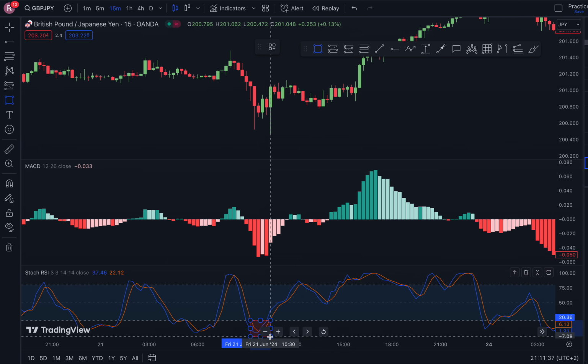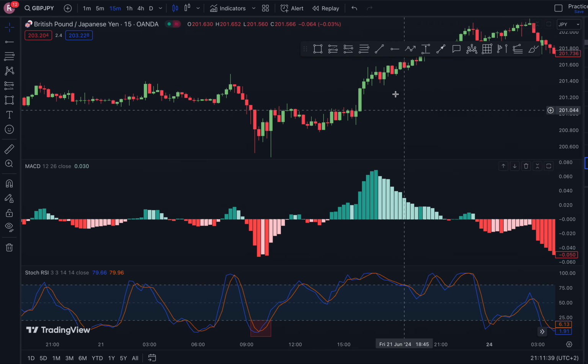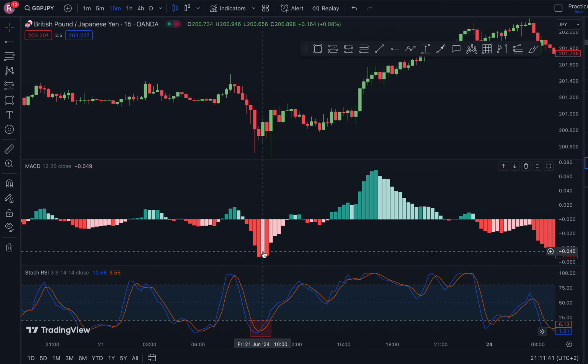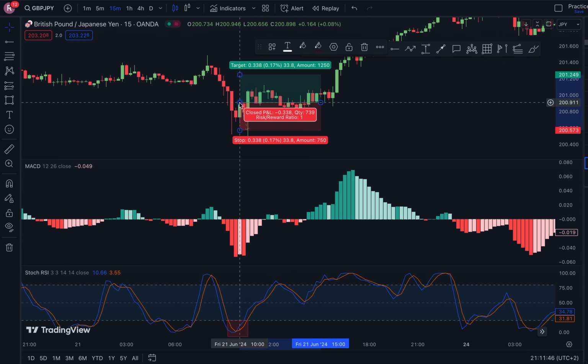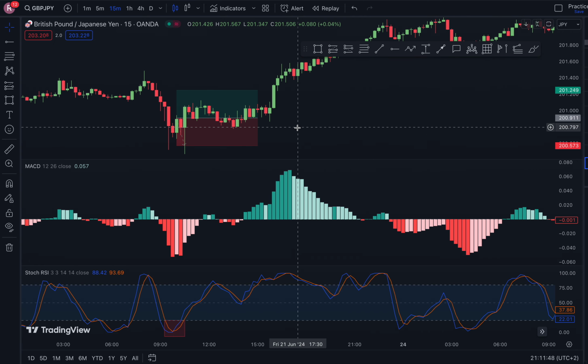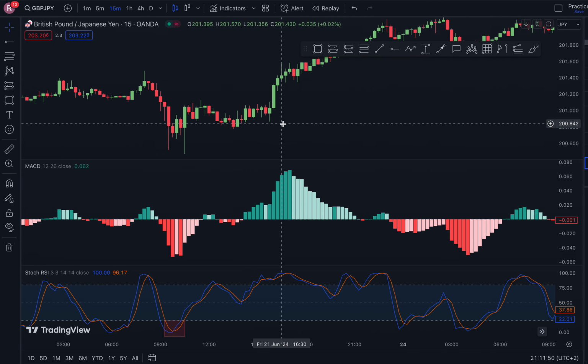So we've got a crossover there, as you can see, and price turned pink. That was a clear indication to buy. If you bought there, you would have made some nice profits.